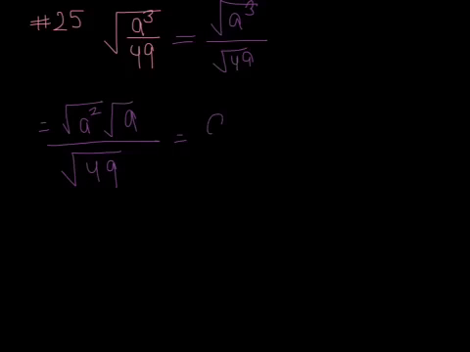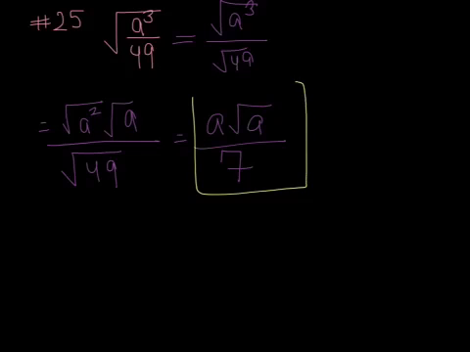So that leaves us with a radical a. Now I'm going to move on to my denominator, the square root of 49. Being that 49 is a perfect square, I'm just going to simplify it to 7. So our answer for number 25 would be a radical a, divided by 7.